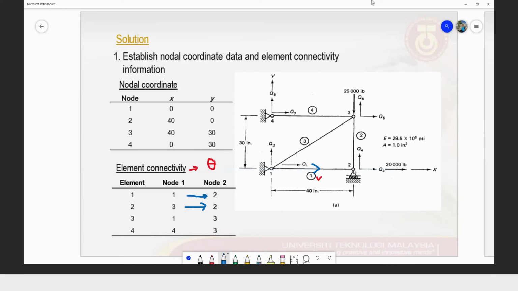Okay, instead of being connected from 2 to 3, we decided that for this particular element, it is connected in that way, from 3 to 2. For element number 3, it's connected from 1 to 3, so from this point to this point. So I draw the directions of the connectivity, and the same for element number 4. All right.